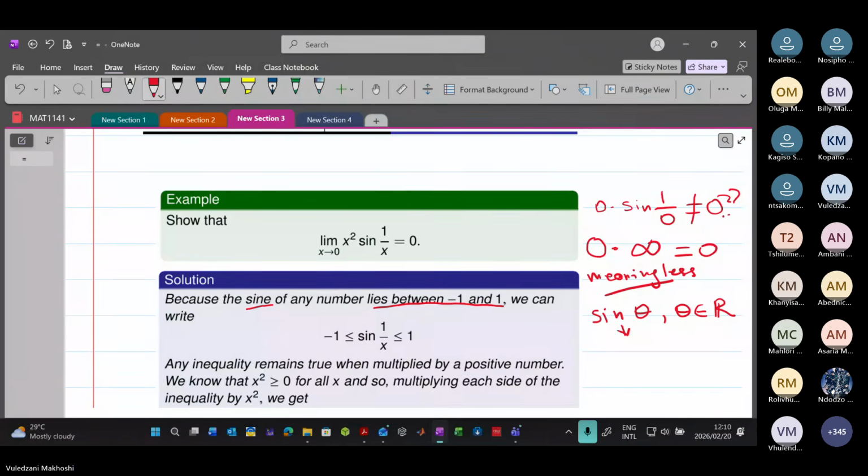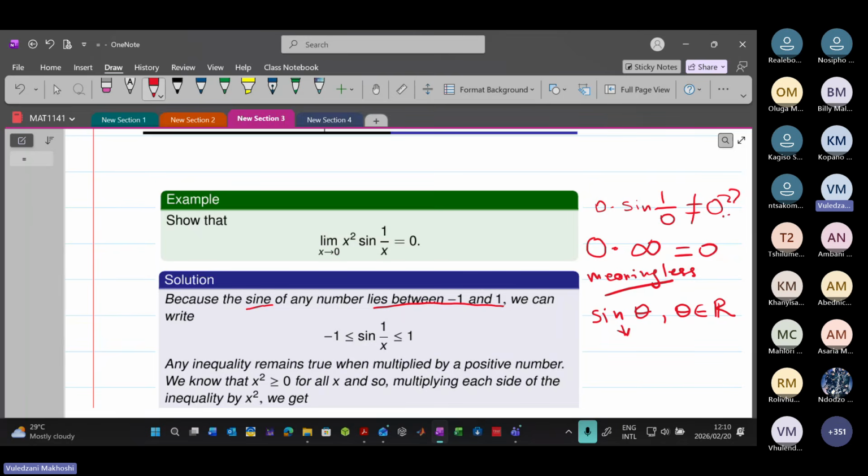So we are making use of that, and we say, okay, since we are talking of a real number, we expect sine of 1 over x to be a real number. In fact, yes, it is a real number, because when we are evaluating the limit, we will never reach 0.